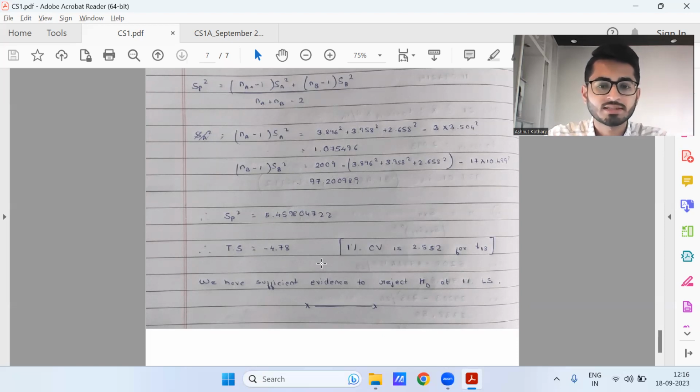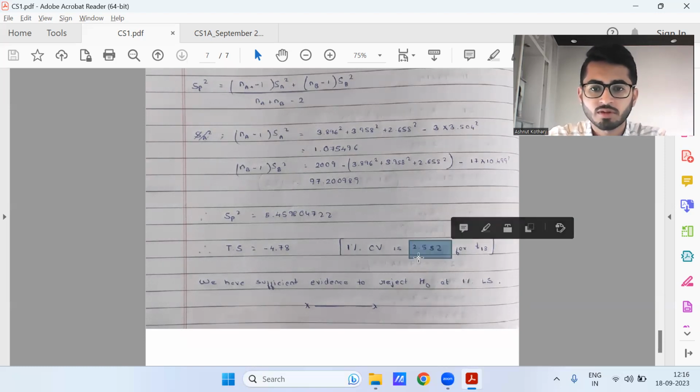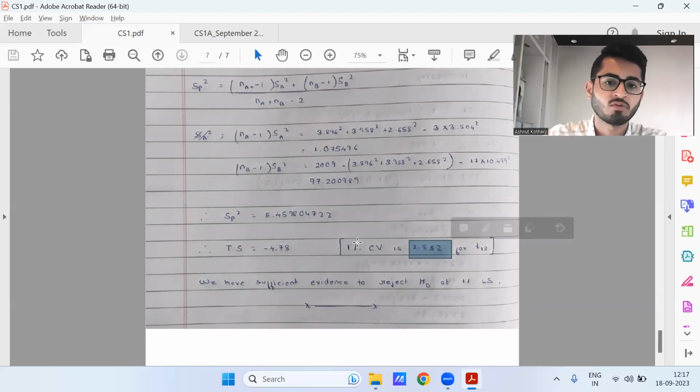Let's say you're performing at the 1% level of significance, so this should be the 0.5 percentile. I guess what I have stated is 1%. So this will not be relevant for a 1% level of significance two-tailed test. This would have been relevant for a one-sided test. So you can ignore this. Another value would be there. The key point is we would have sufficient evidence to reject H naught.